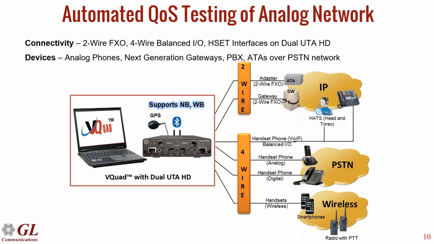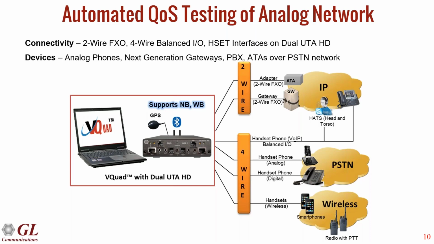So we do support wideband 2-wire, basically HD voice, high definition voice, for some carriers that are carrying high definition to the home through an ATA or something. And then for 4-wire analog, we support narrowband, wideband, as well as super wideband audio.